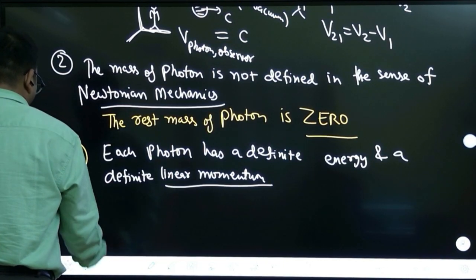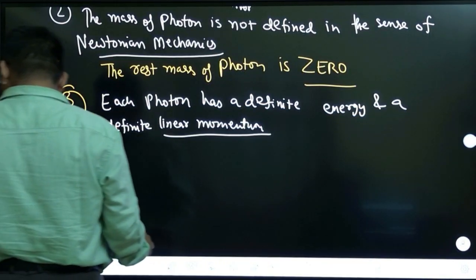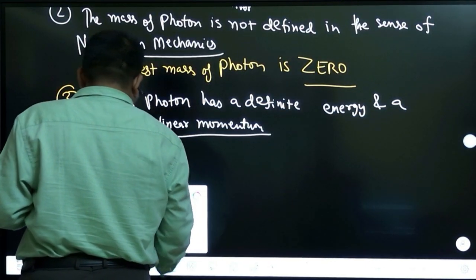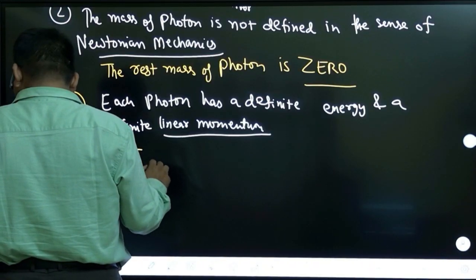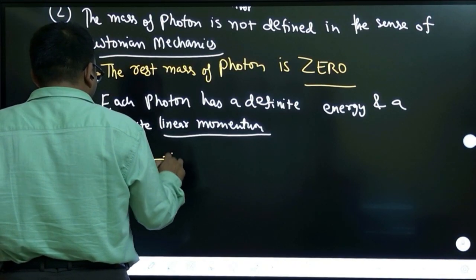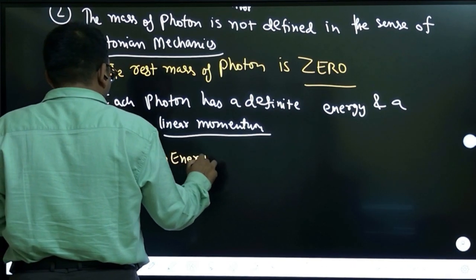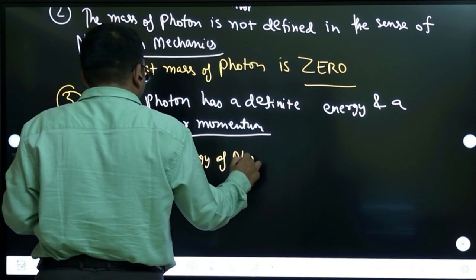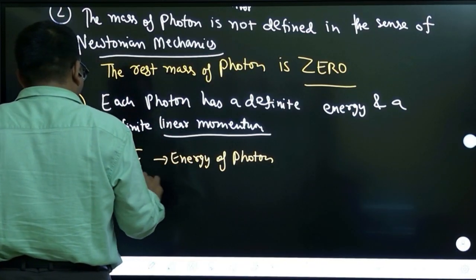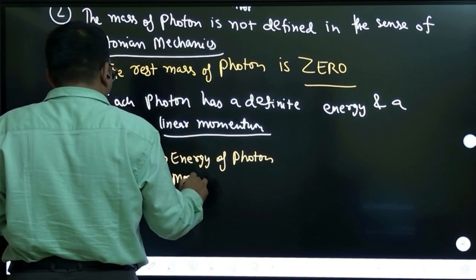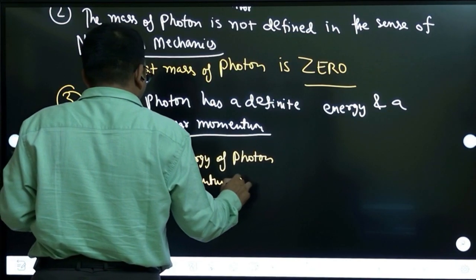Next, point number 4, the energy E and P. E is the energy of photon, P is the momentum of photon.